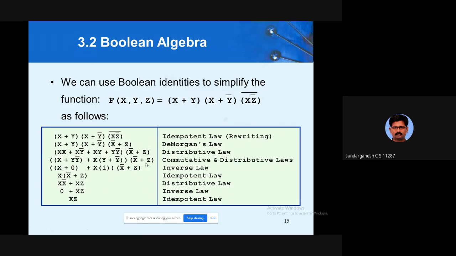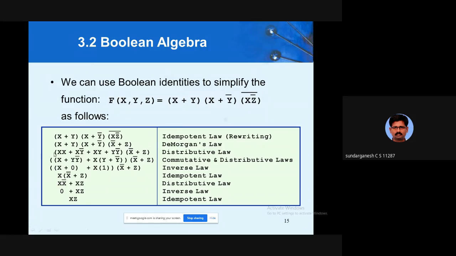So y bar y is 0. After multiplication, you have to group accordingly. So I am grouping x into y plus y bar, x bar plus z into x plus y bar.